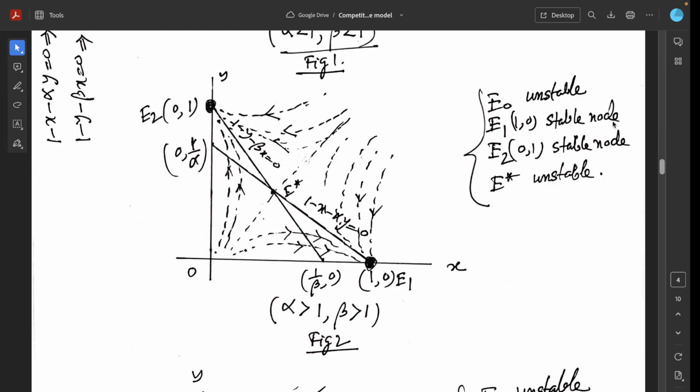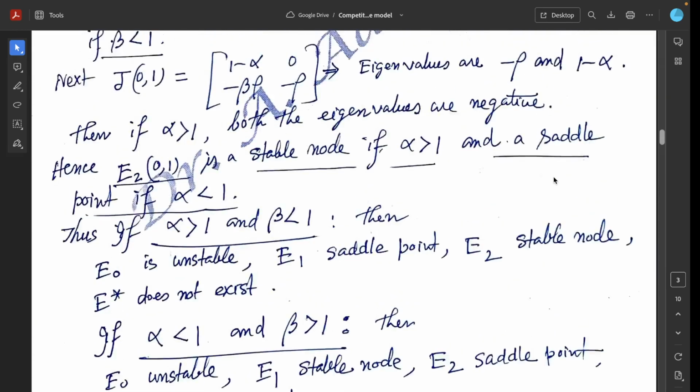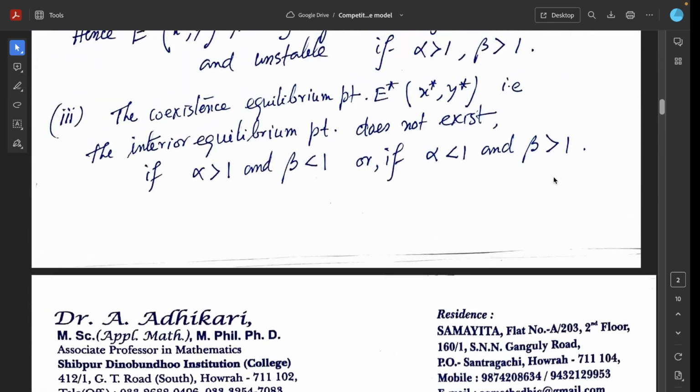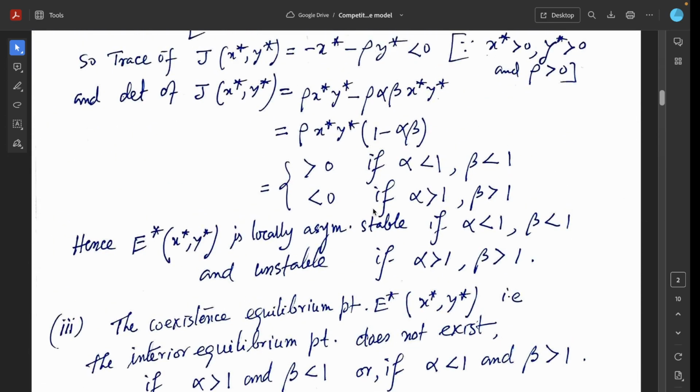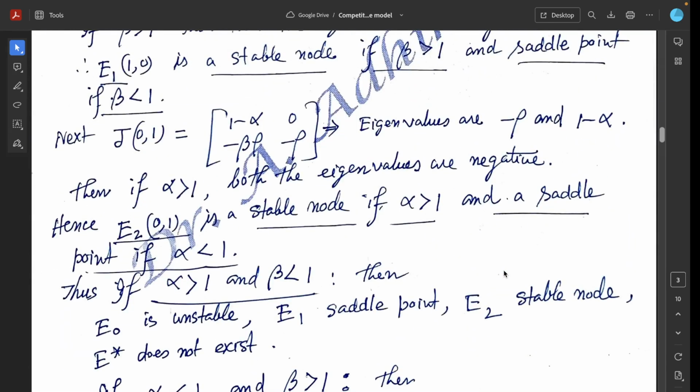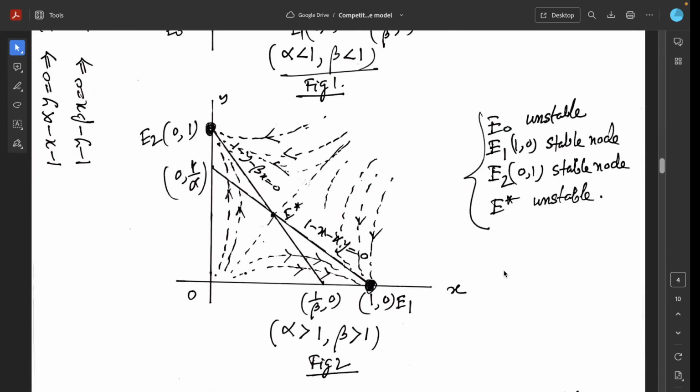So E1 is stable, E2 is a stable node, E0 is always unstable, and E star is unstable because we already deduced that the determinant of the Jacobian at E star is less than 0. So E star is unstable for alpha greater than 1, beta greater than 1, E1 is stable, E2 is stable, and the trivial equilibrium is also unstable.